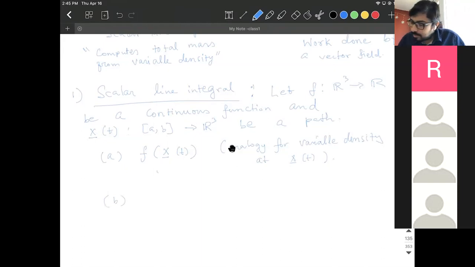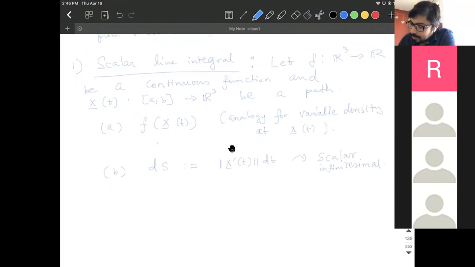Now we define two infinitesimal quantities. The first is ds. So ds, by definition, is the norm of x prime of t dt. So this is the scalar infinitesimal. And then we define the vector infinitesimal, d vector s.